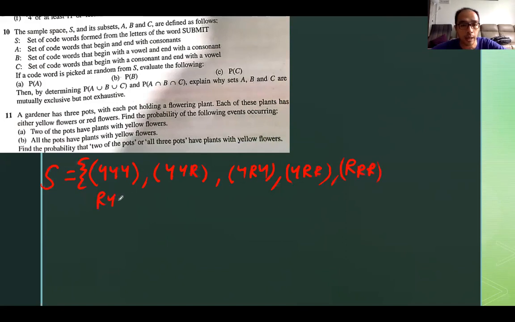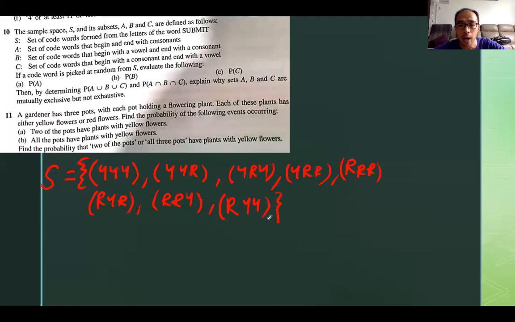Red, yellow, red. 2 more. Red, red, yellow. Last one. Yellow, red, red, ada sudah. RRY, RYR, RYY. Okay, red, yellow, yellow.